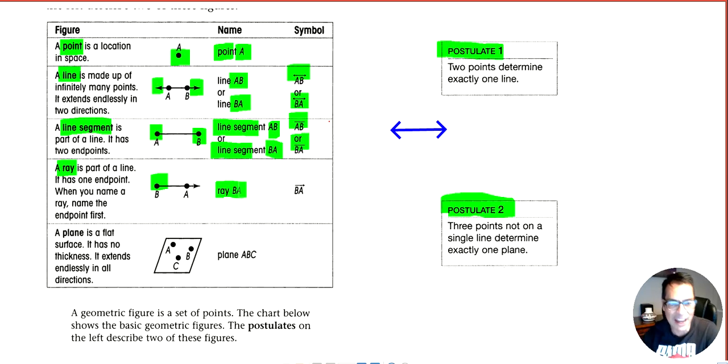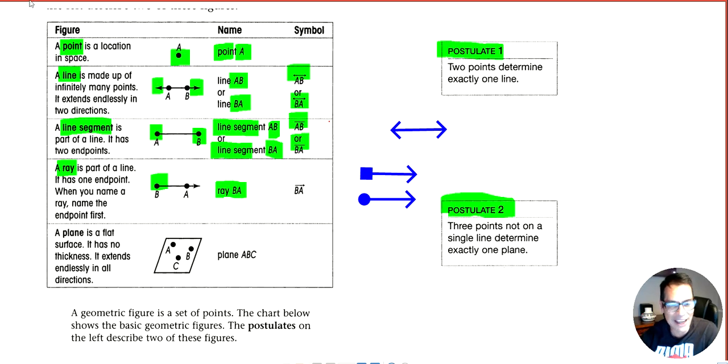Notice that a ray is designated as such, with an endpoint like you see here, and then BA underneath it. So an endpoint with the letters, and unlike a line, which you can name in any direction, with a ray we're going to name it with the endpoint first. So BA in this case.